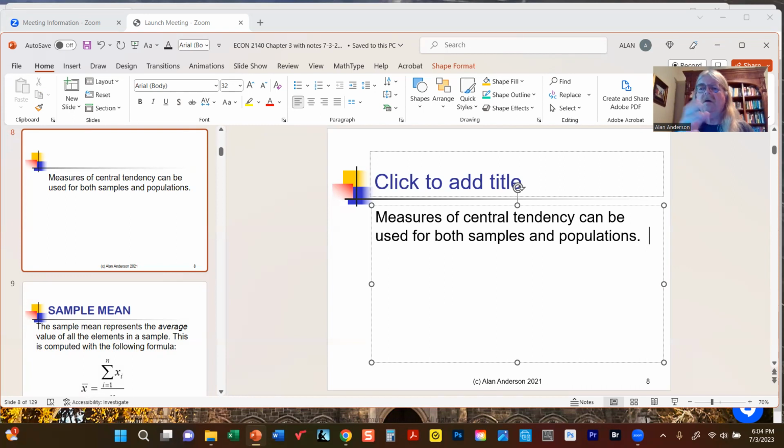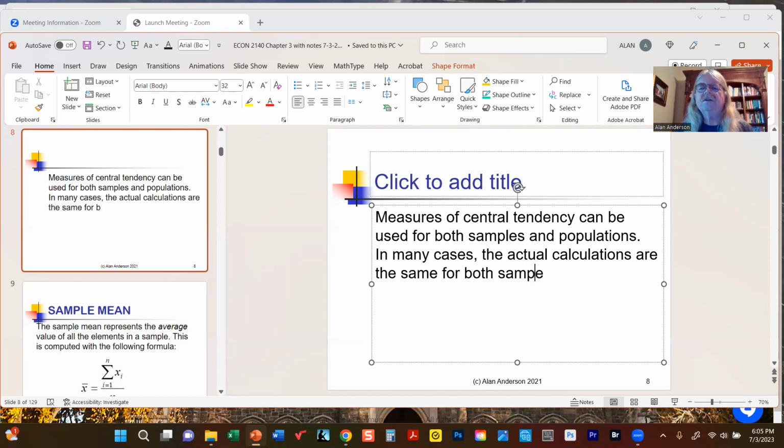So we will always make a distinction between each case, except there are some exceptions. In many cases, the actual calculations are the same for both samples and populations, although the terminology, the notation may be different.